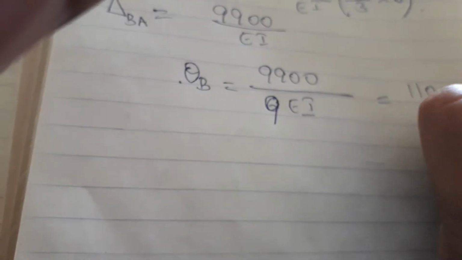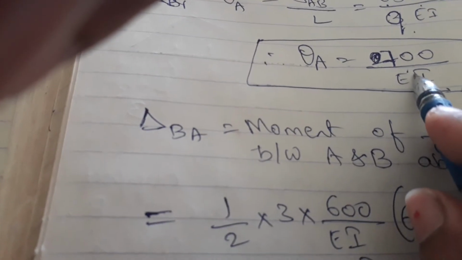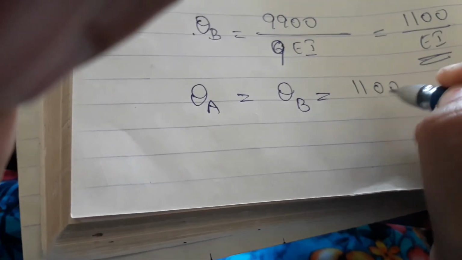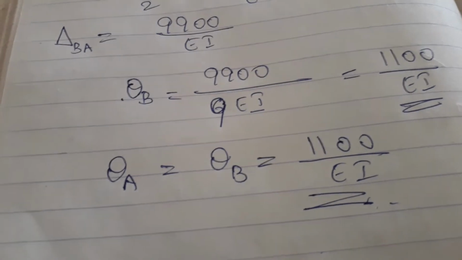Here also it is 9, which gives 1100 by EI. When you consider theta A and theta B, here you have 700, here we have 1100. Since tan theta is small, we consider theta A is equal to 1100 divided by EI. So this is how we will be calculating.